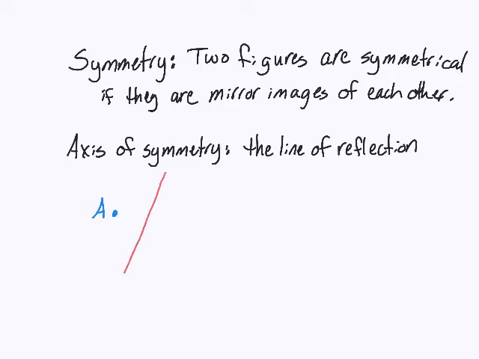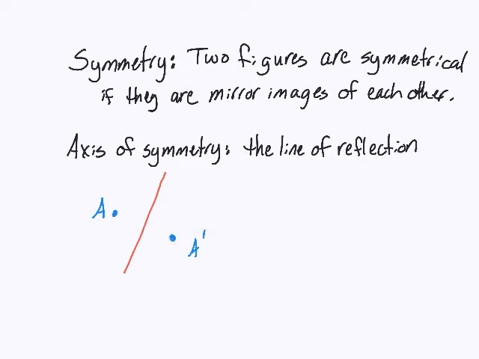I can reflect point A over that line, and it's going to be the same distance away on the other side. So the axis of symmetry, the line of reflection, will be right in the middle, and A prime will be the same distance away.